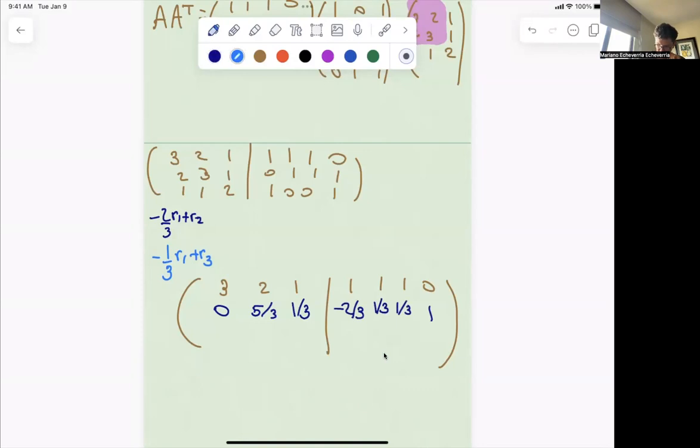And then this one is 0. 1 minus 2/3 is 1/3. And then 2 minus 1/3. Oops, sorry. Yeah. 2 minus 1/3 is 5/3.